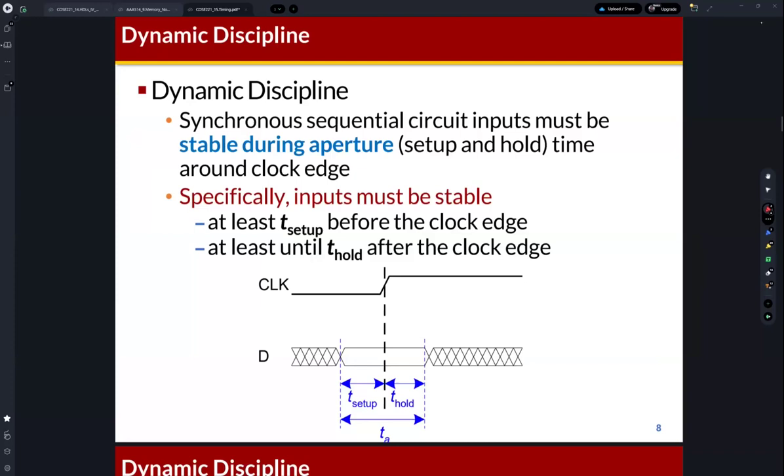We can restrict some behavior, some description of the system. During this aperture time, which means during the setup time and hold time, the input must be stable. That's what I explained.